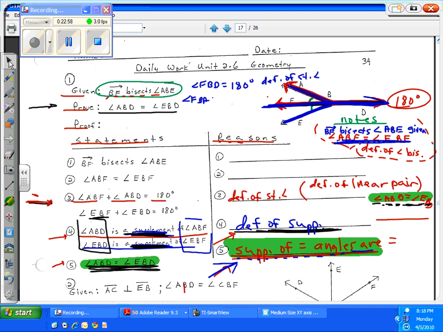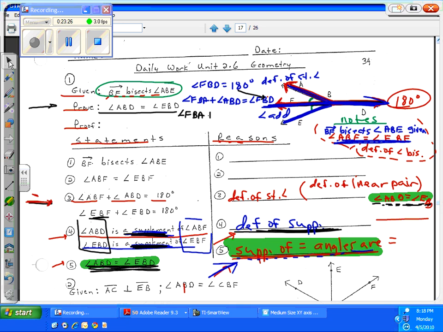And then we can say that this little angle plus this big angle, angle FBA plus angle ABD, is equal to the whole big angle, angle FBD, by angle addition.